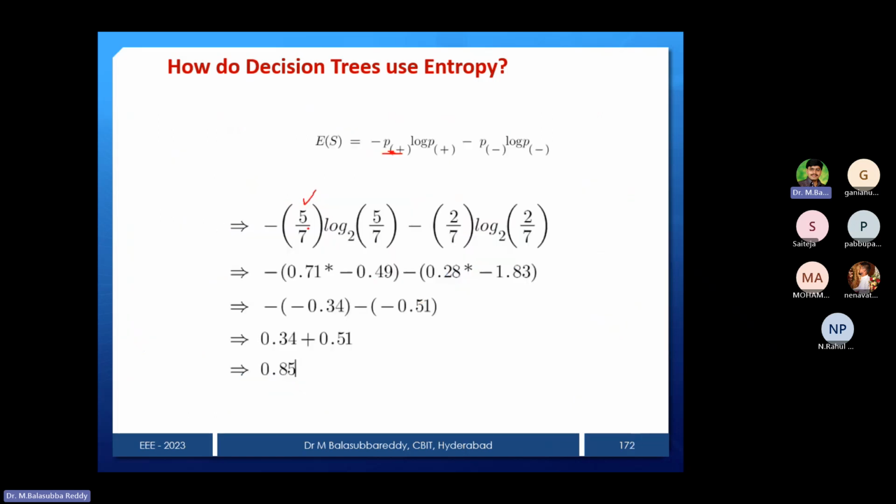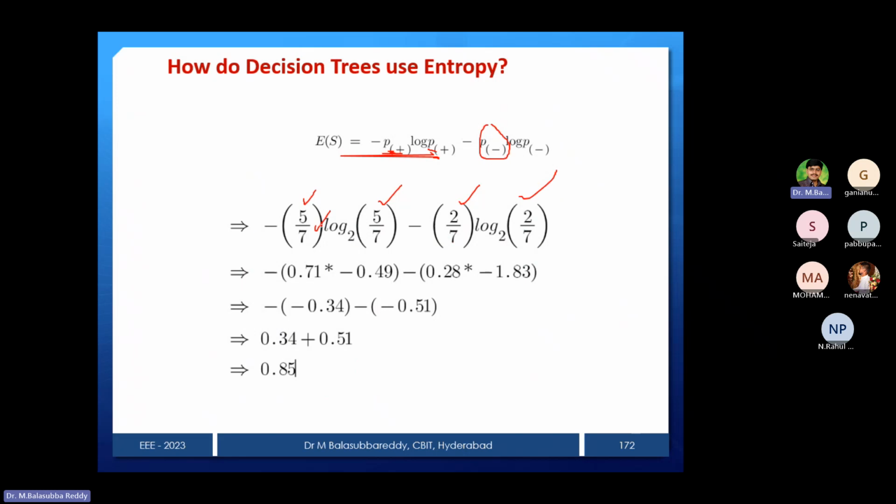Based on the formula, it is minus 5 by 7, the probability, times log base 2 of P positive, minus the probability of negative, P negative. There are 2 no's out of 7, so 2 by 7 and log base 2 of 2 by 7.